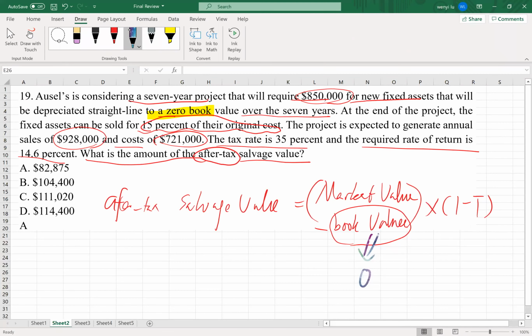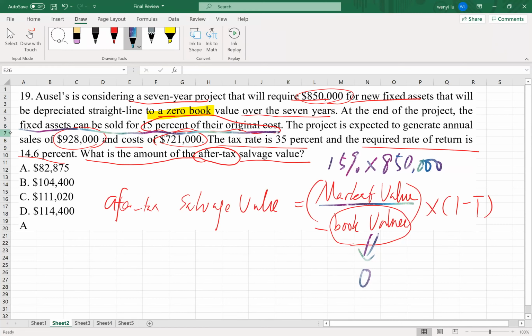What is the market value? How much can this be sold for? You can see the fixed asset can be sold for 15% of the original cost. So our market value will be 15% times $850,000.